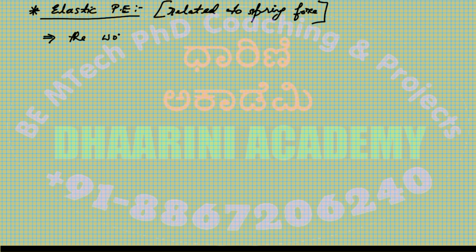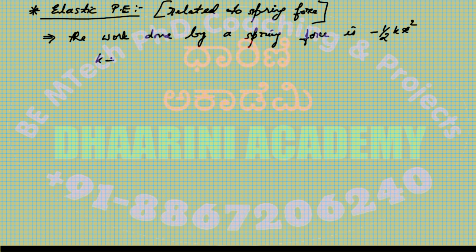The work done by a spring force is minus half kx squared.